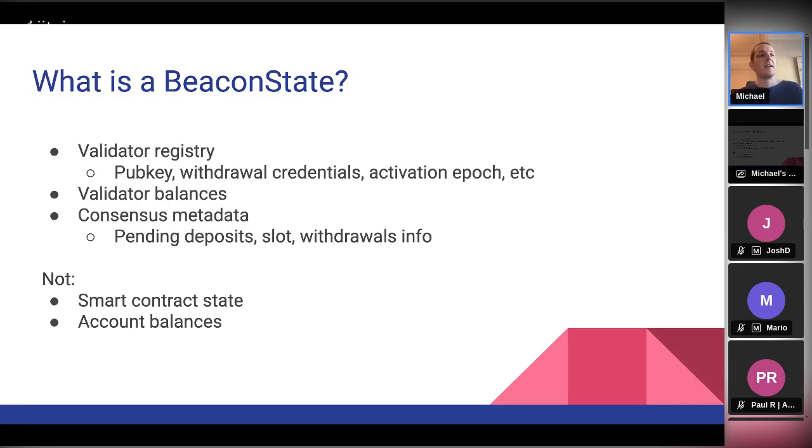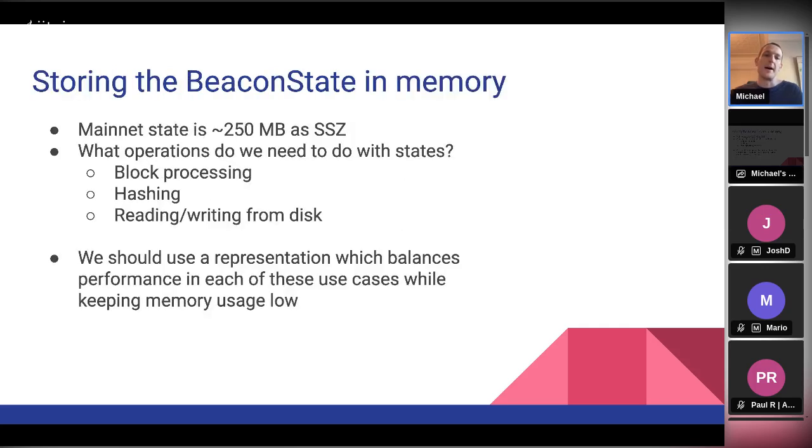So it's on the order of hundreds of megabytes, and not hundreds of gigabytes like the execution state. Specifically, I checked yesterday, and the mainnet state at the head is 250 megabytes when it's serialized as SSZ, which is the encoding format that we use in the consensus layer.